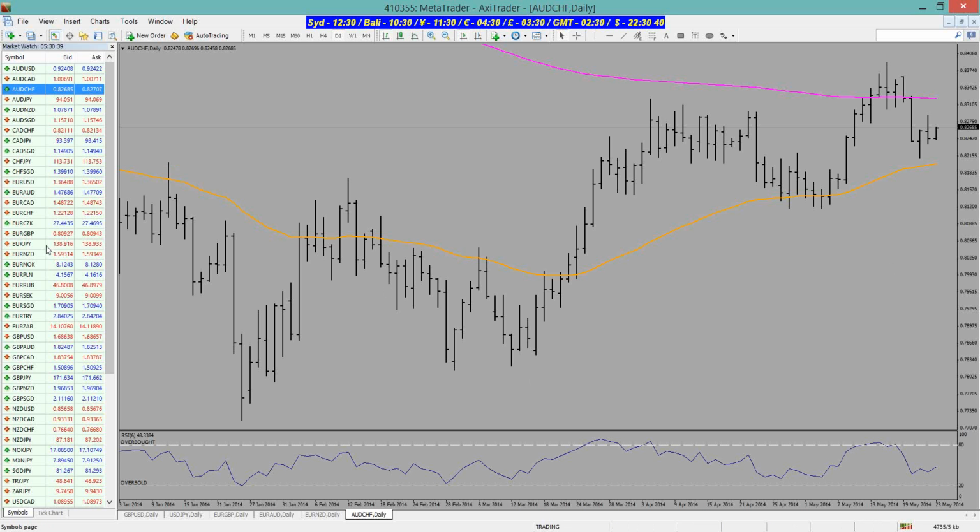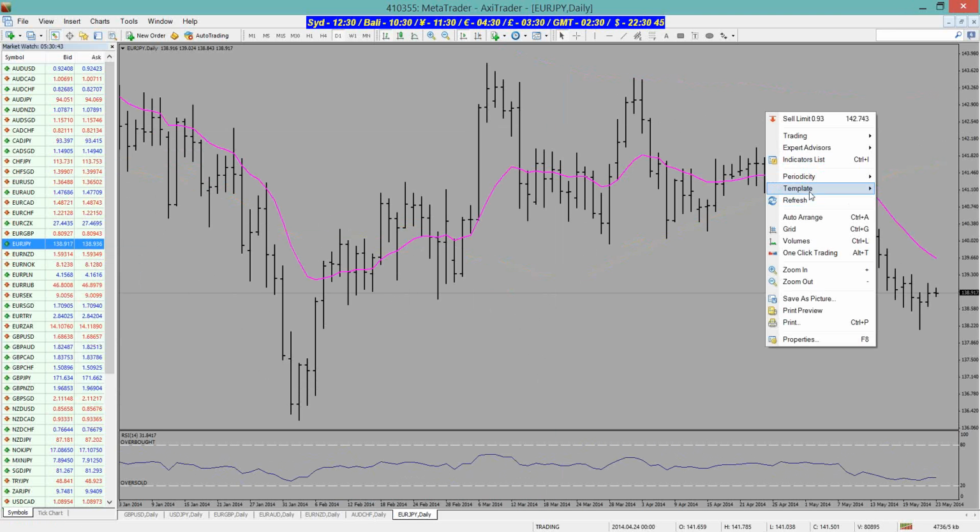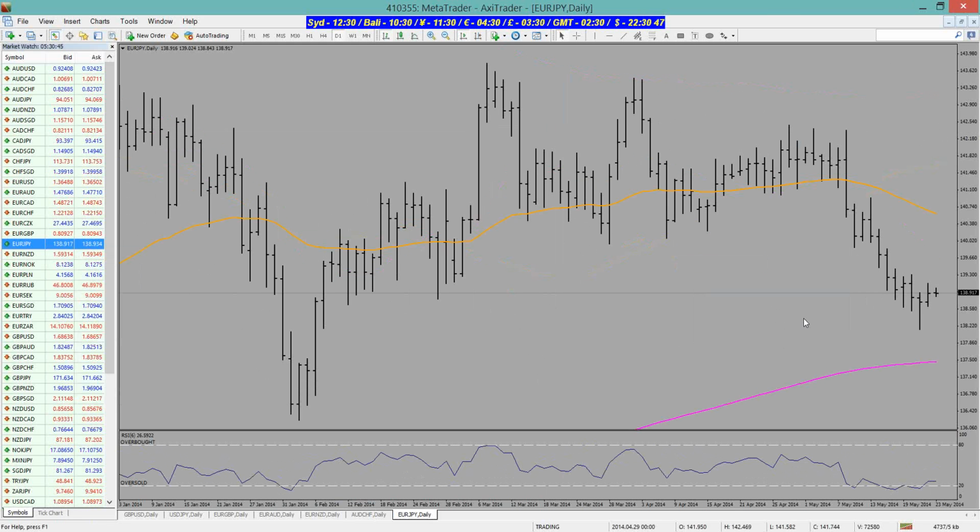Okay, Euro again, let's just flick back to this one because someone's asking about the risk reward on this. To be honest with you, I didn't look at that, but if we do, we say, okay, there's 114 pips, this is 150 pips, it's about 1 to 1, isn't it?